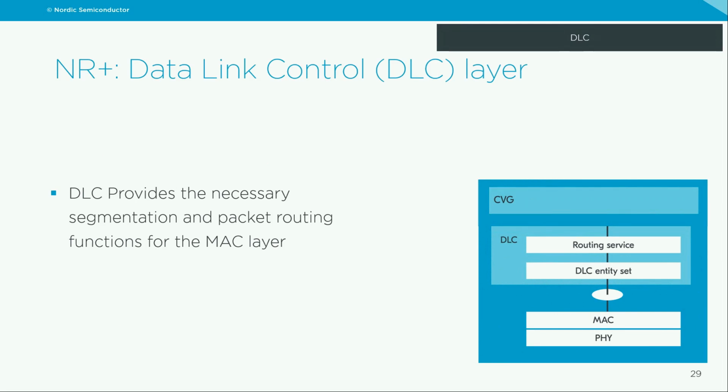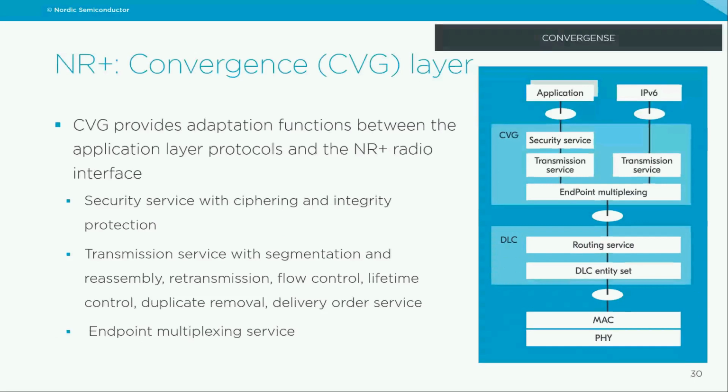And now over to the layer over the MAC layer, the data link control layer. Here, the data link control layer basically provides the necessary segmentation and the packet routing functions for the MAC layer. And on top of the DLC layer, you have the convergence layer. The convergence layer provides the adaptation functions between the application layer protocols and the NR plus radio interface, basically.